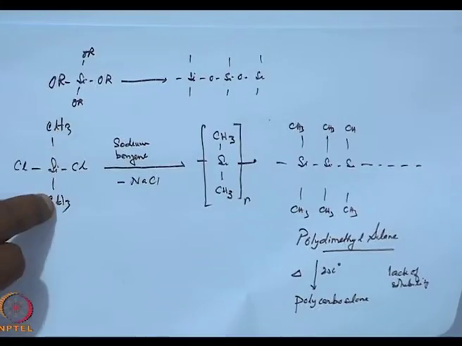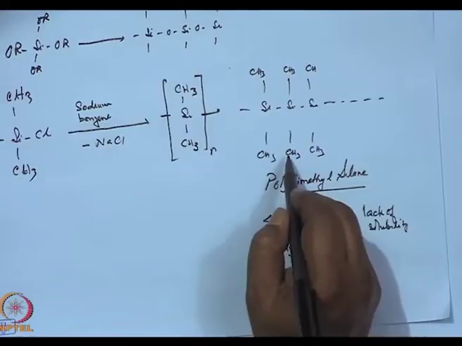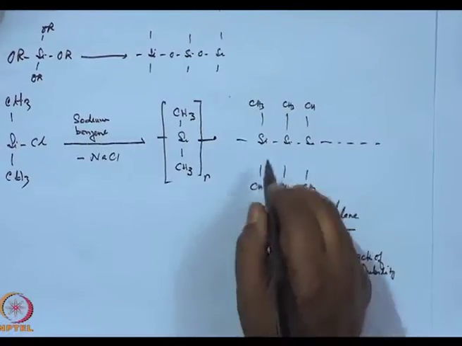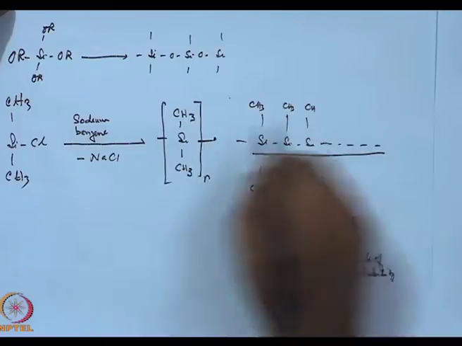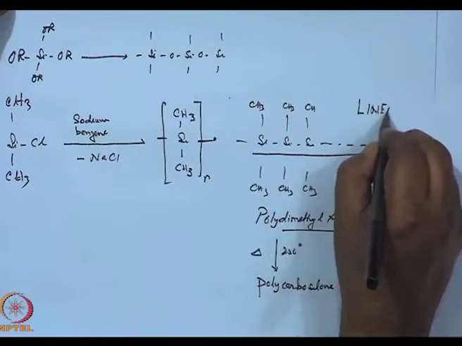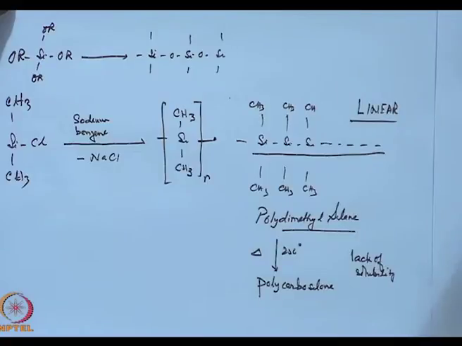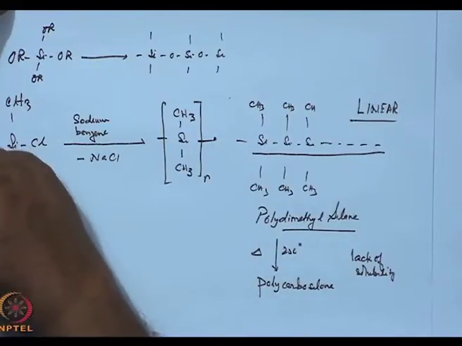But before I go to that, I would add a little bit of twist to the tail in this particular one. For example, I had here Cl, Cl, CH2, CH3. You see, here one of the biggest problems is that I have got a linear polymer, whereas in TOS system, I had got a branched, cross-linked SiO2 link.